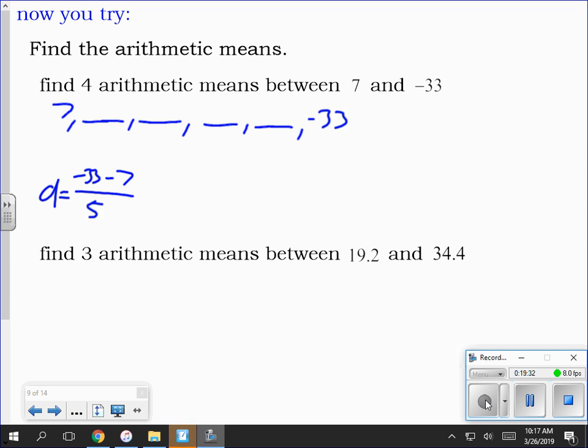Negative 33 minus 7 is negative 40 divided by 5 gives me negative 8. So my blanks: negative 1, negative 9, negative 17, negative 25.